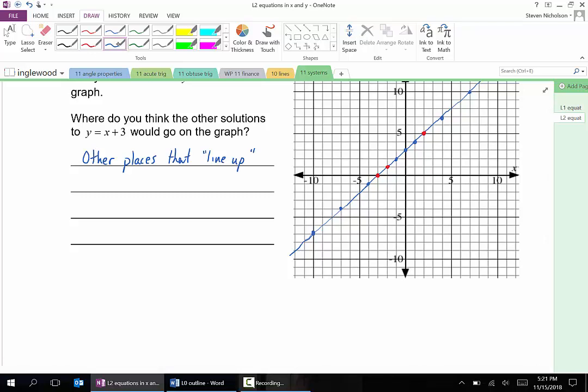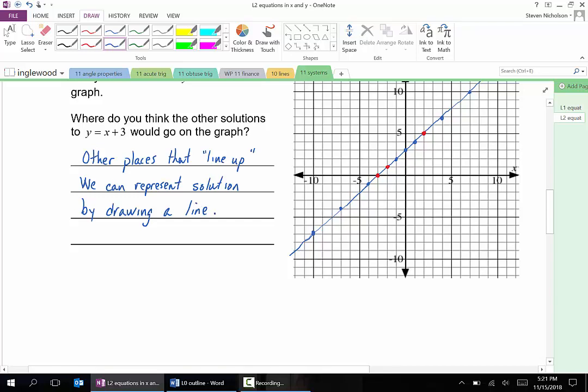So the key idea then is we can actually represent the truth. We can represent the solution to this equation by drawing a line.